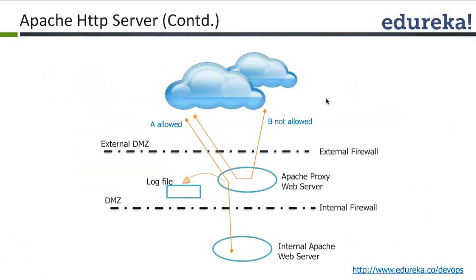Now, how the web server itself is placed in an organization depends on how you design your firewall. And as always, as I said, a firewall has three legs: your public side, your private side, and what is called the DMZ, or the demilitarized zone.